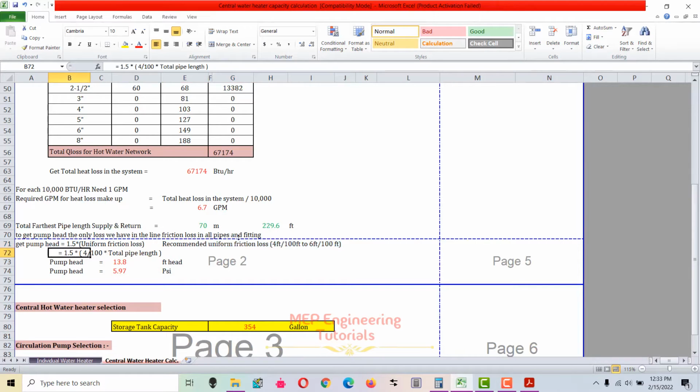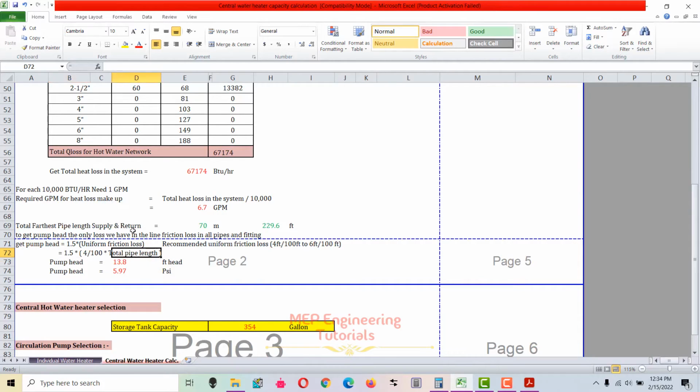If you don't know the friction loss for the fittings, it is a rule of thumb to add 50% of the straight piping length friction losses for the fittings. So 50% and 1, it will be 1.5 total. That's why I multiply with 1.5. So 1.5 into 4 by 100 into total pipe length.